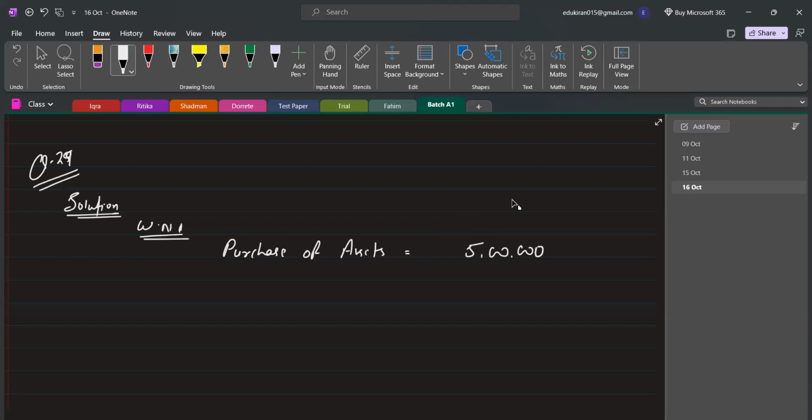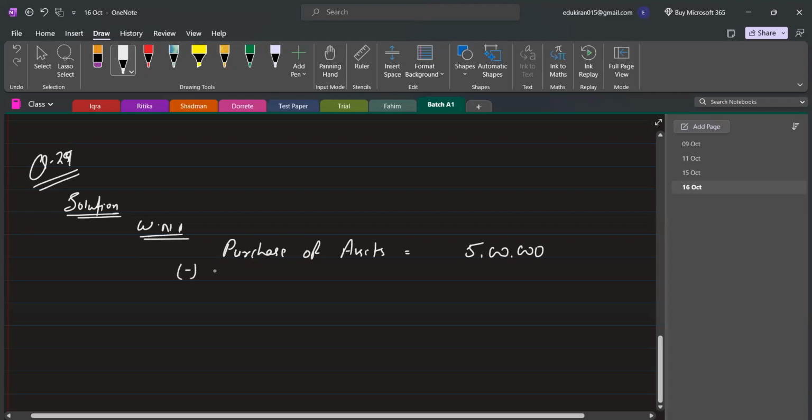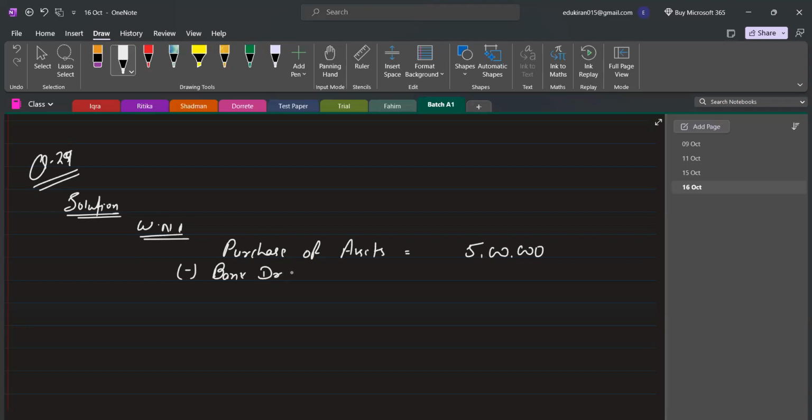Now we have already paid a bank draft of 1 lakh. So the balance amount payable is 4 lakh.